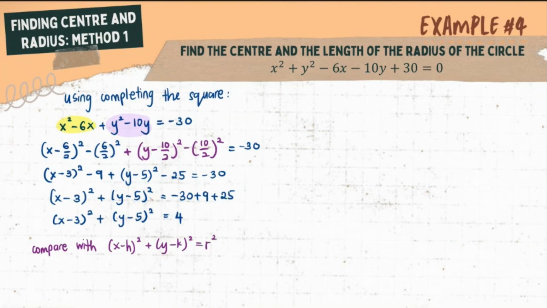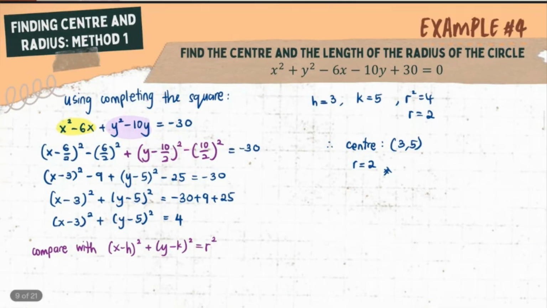So from there kita akan dapat h is equals to 3, k is equals to 5 dan r squared is equals to 4. So therefore r will be equals to 2. Okay, so finally kita conclude our answer. Our center is at 3, 5 dan our radius is equals to 2. So settled. Okay, so ini kita menggunakan the first method which is completing the square.